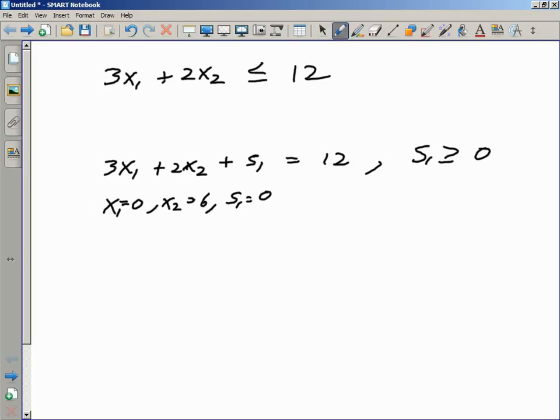All right, let's go to the other extreme. Let's let x2 be equal to 0. x1 would be equal to what? 4. And s1 would be equal to 0, right? Okay, let's pick somewhere in between. Let's suppose we let x1 be equal to 1, x2 be equal to 2, and what does s1 now have to be equal to?